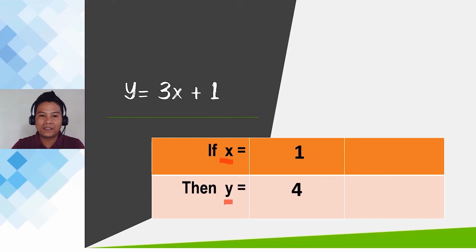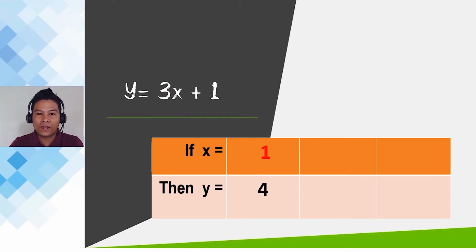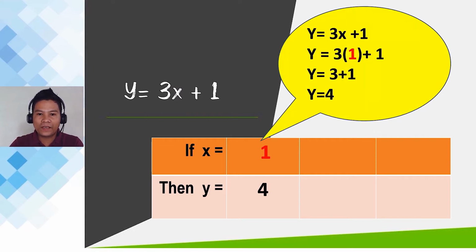We are just going to change x into 1. y = 3x + 1. y = 3(1) + 1. y = 3 + 1, and y = 4. So you notice that if x is changed, y changes.